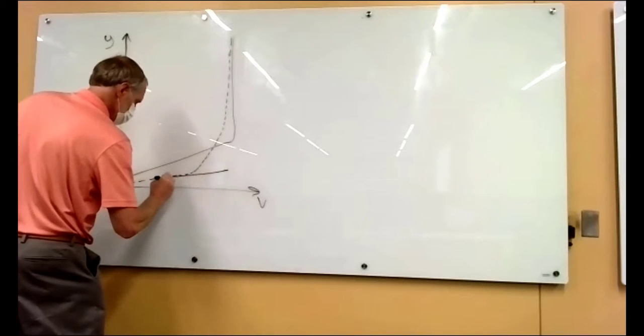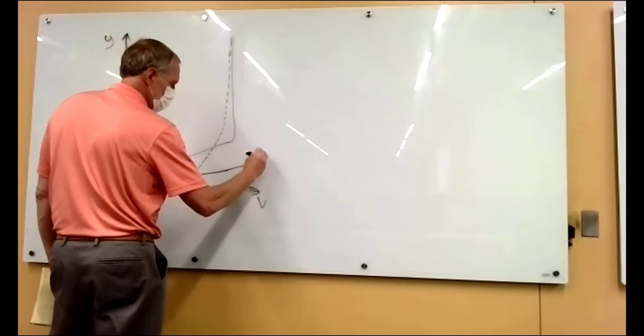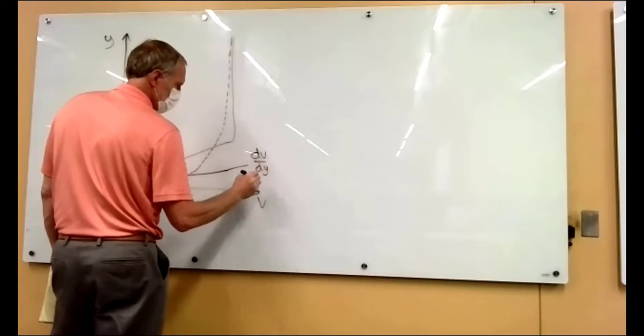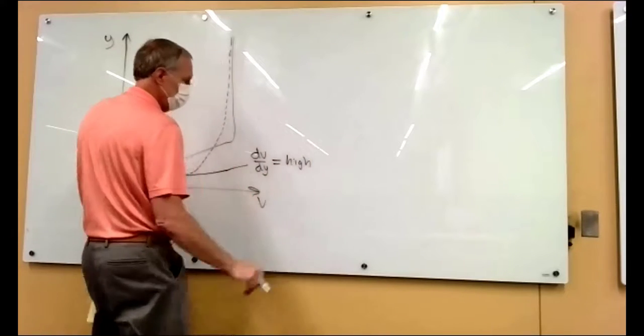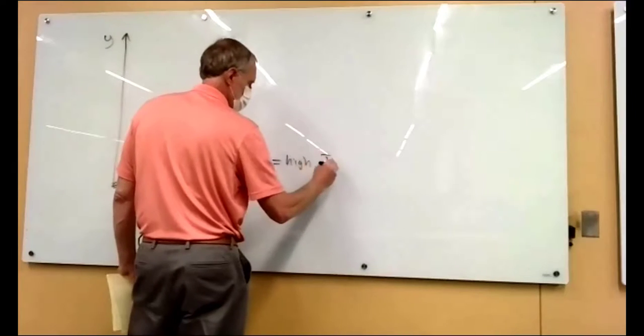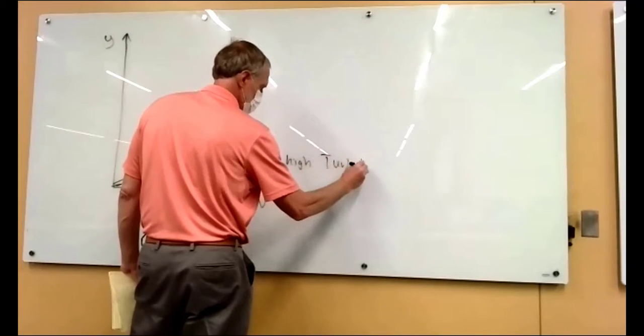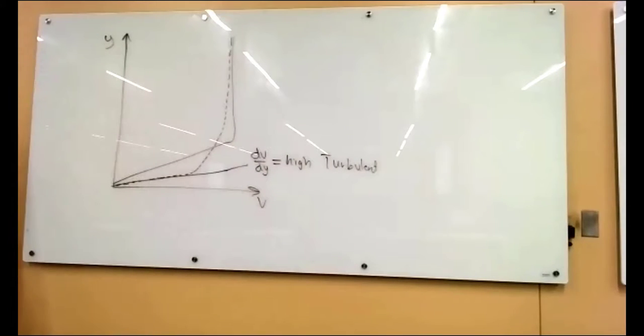where the turbulent has a high slope, dV by dy. And that's the slope at the surface.